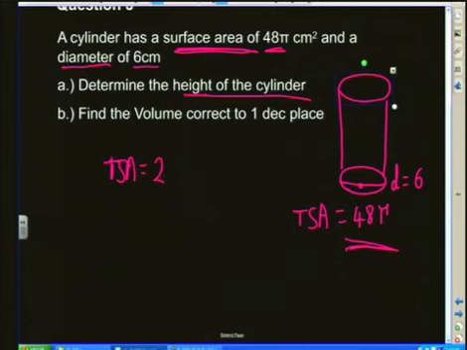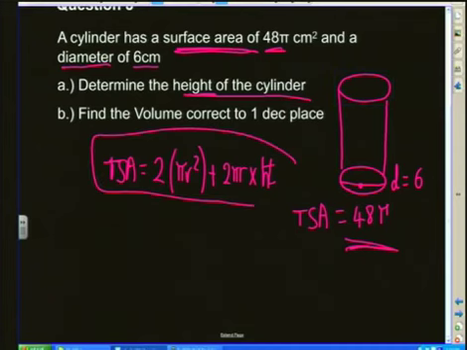Here our base is a circle, so it's going to be 2 times pi r squared, plus the perimeter of the base, which is 2 pi r, and then we times that by the height of the shape, which in this case we don't know, because that's what they're asking us to find. Now that's the expression for the total surface area.